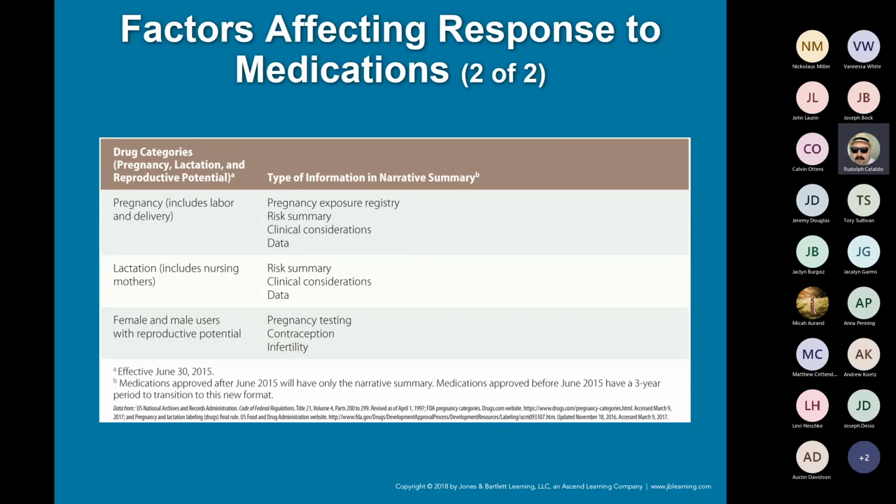So if somebody has a head bleed, I'm probably not going to give this medication. If somebody's pregnant, I'm probably not going to give this medication because it has a classification against it. Or if somebody has reproductive issues, I'm probably not going to give this medication. It's going to come down to being very medication specific. I don't know those off the top of my head, and I didn't as a paramedic student either, and I don't expect you to.